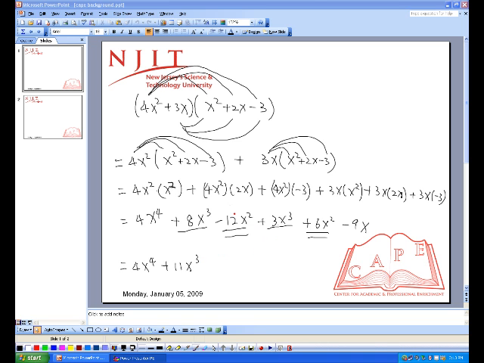Now you have minus 12x squared plus 6x squared. So negative 12 plus 6 gives you negative 6. So it's negative 6x squared minus 9x. And that is your final solution.